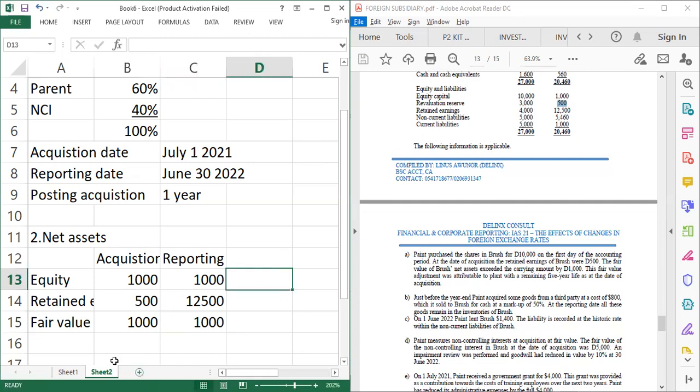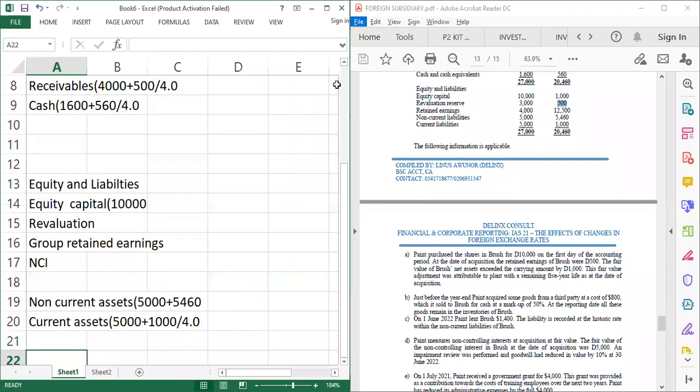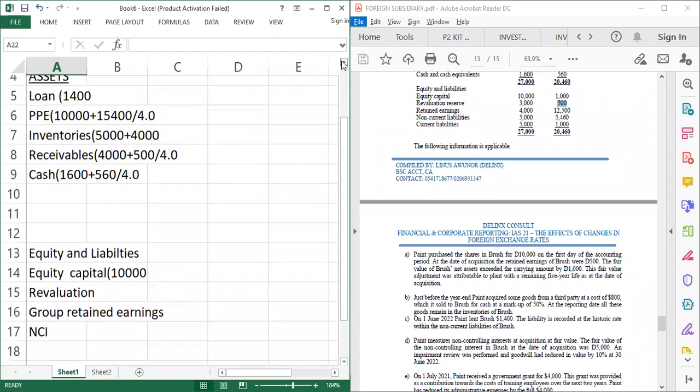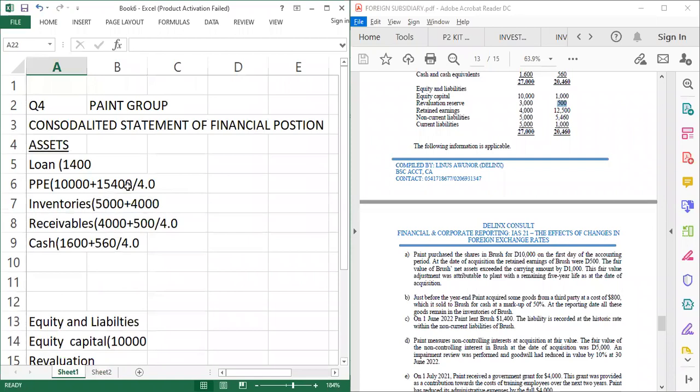So what will happen? The asset that they have in the statement of financial position, did they consider the 1,000 before recognizing the 15,400? Was the 1,000 part of the 15,400?